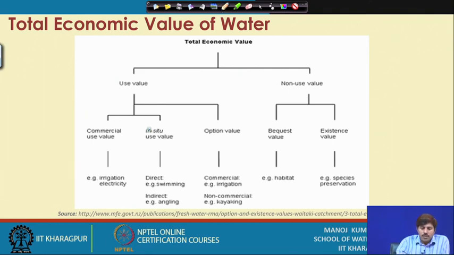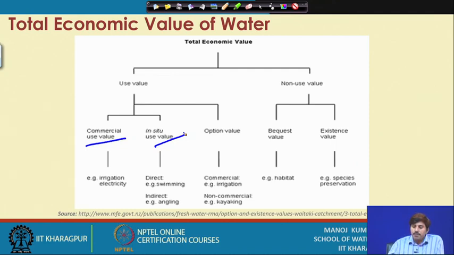You can classify the use values under commercial use value, when you are using water for commercial purposes like irrigation or electricity. There are in situ use values, when you use it in an in situ condition, for example swimming, which is a direct in situ use, and angling, which is an indirect in situ use. Those kinds of things.